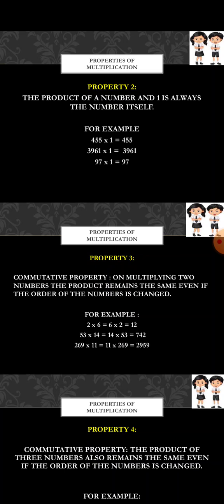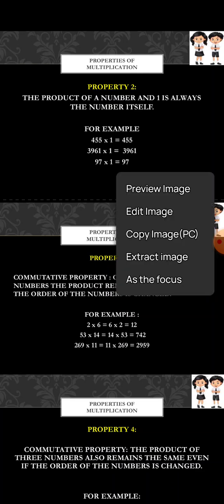So what you can see? You can see that any number which is multiplied with 1 will give the same number, that is the number itself. Now we move on to the third property.